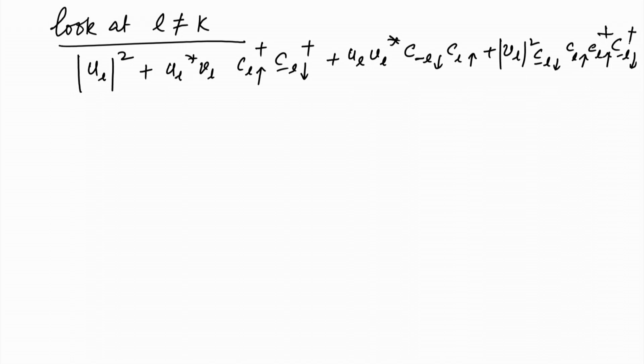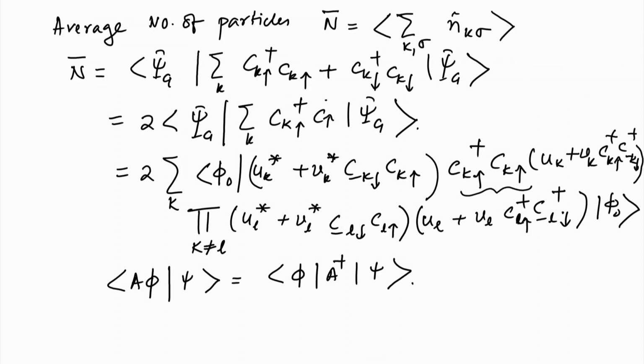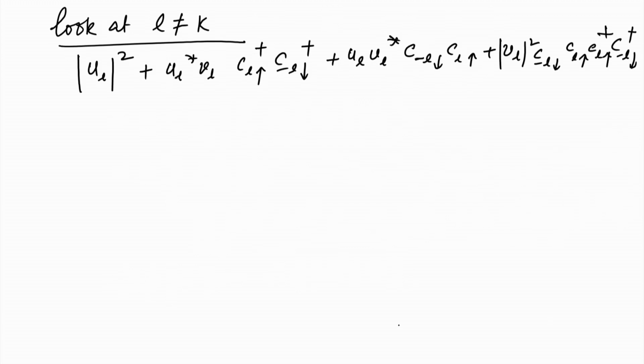Now, you can understand that this is coming from the product of these terms, and so there are 4 terms here. Now, you can see that this term gives you 0 because it will create a pair, and so will change the occupancy of pairs in the ground state. So, it will have 0 expectation value. So, this term is not equal to 0, but when you take it between these, then that is equal to 0.